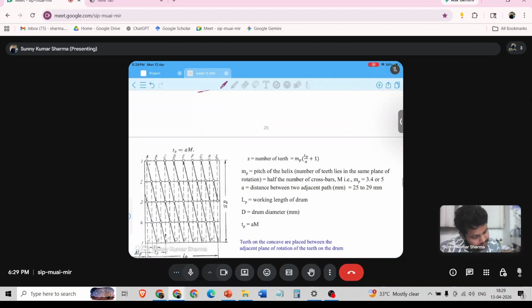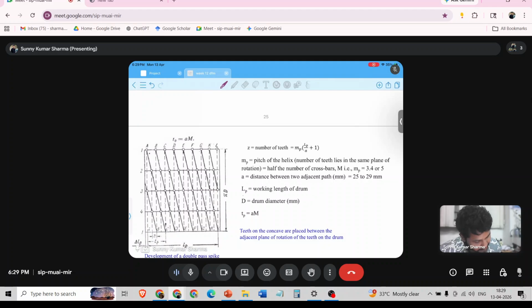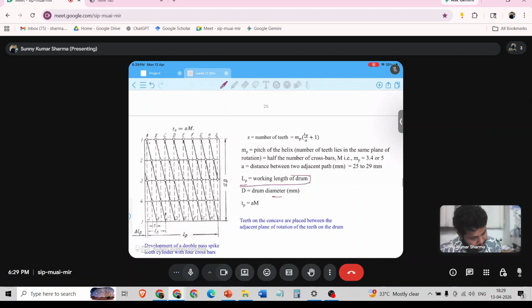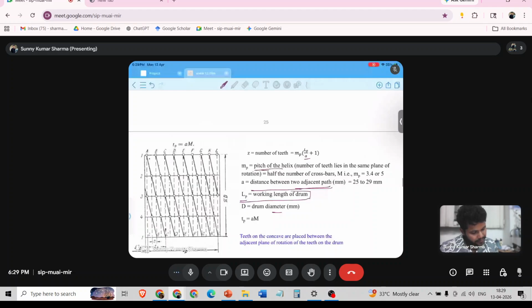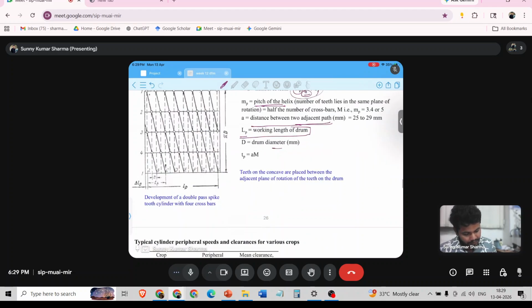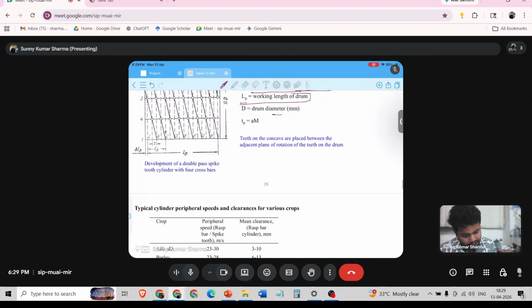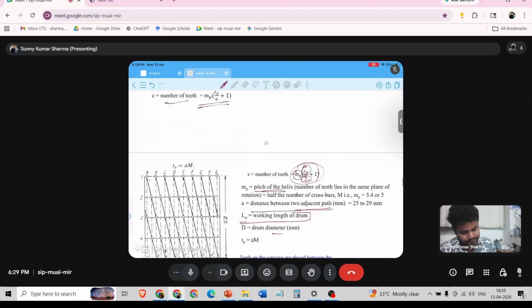Here we can see that LP is the length of working of drum, D is the drum diameter, and A is the distance between two adjacent paths, and MP is the pitch of helix. So MP into LP by A plus 1. This is number of teeth. So from there we can calculate what is threshing capacity.